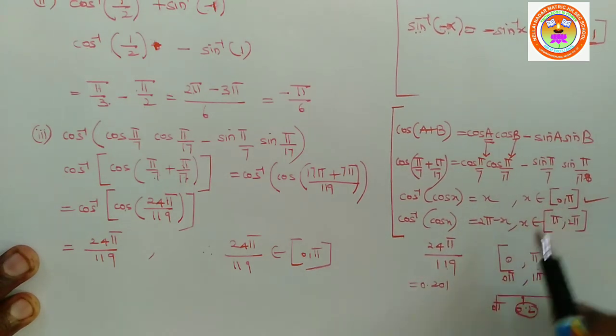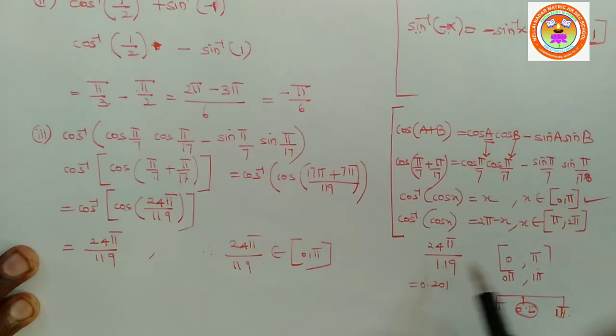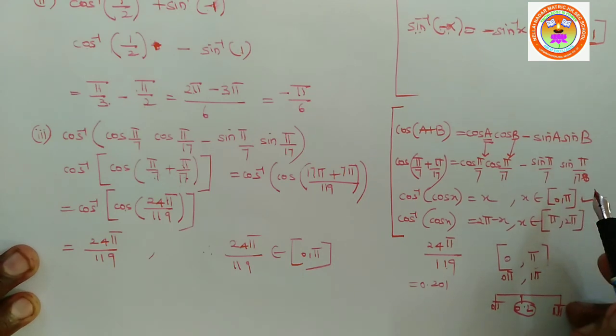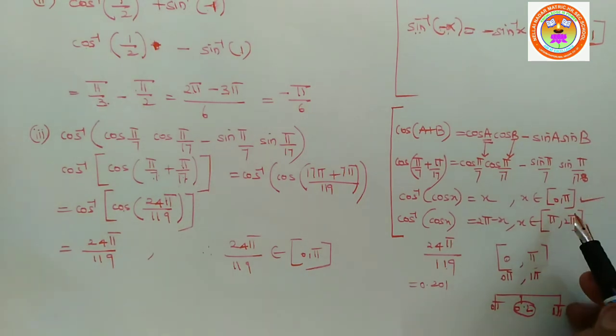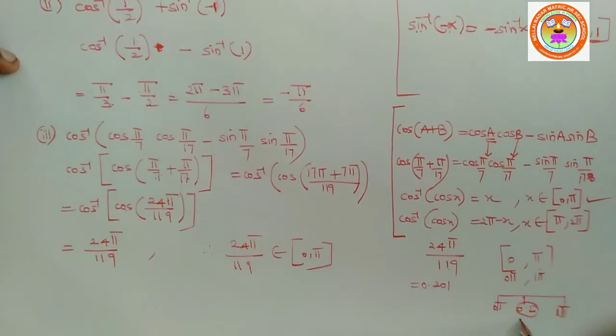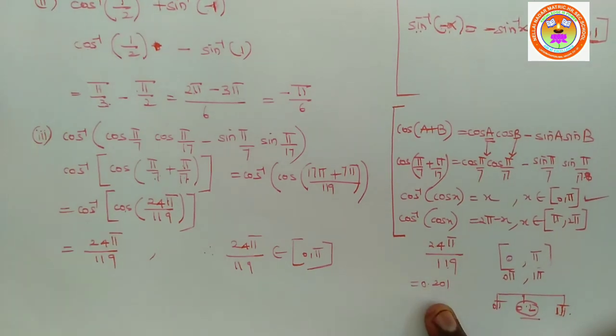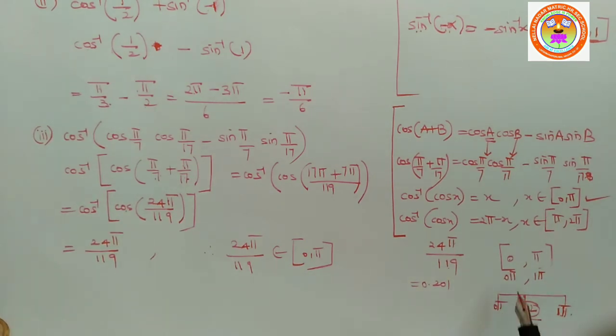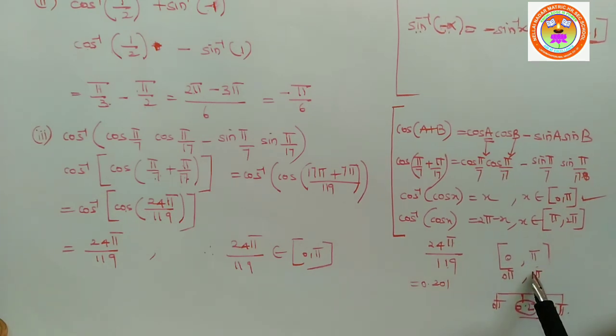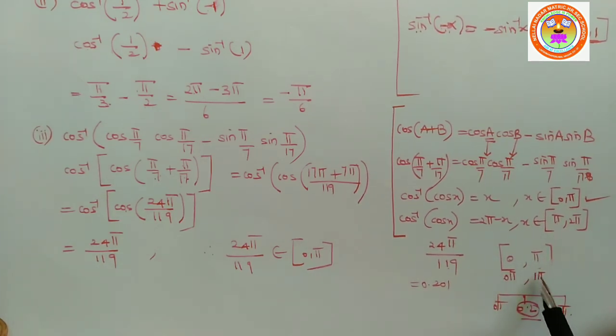But 24 pi by 119 surely lies between 0 to pi, nothing but the 0.2 value. 0.2 lies between 0 pi and 1 pi. So this is our required answer.